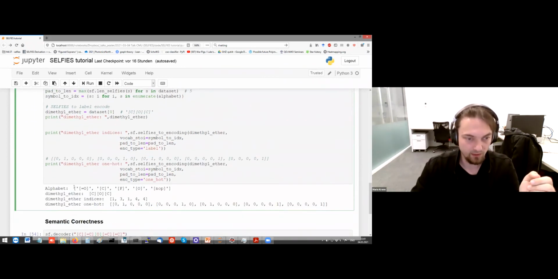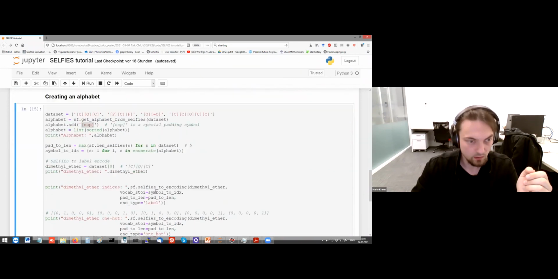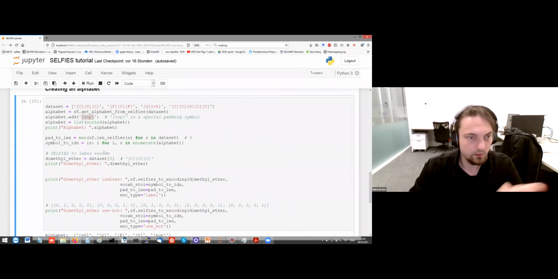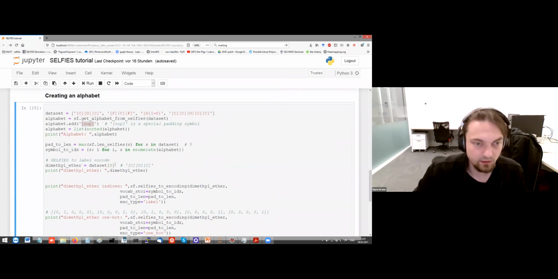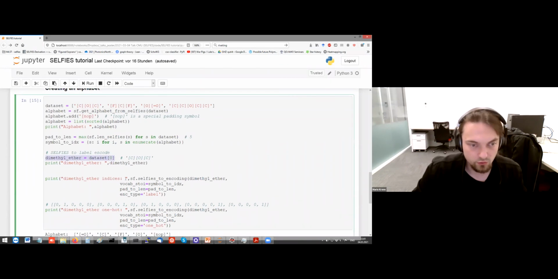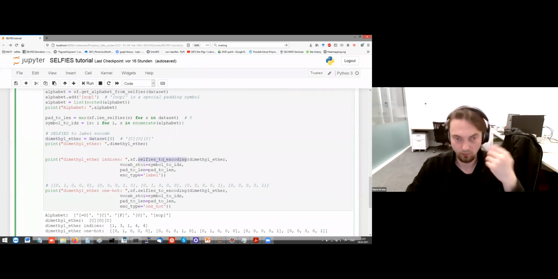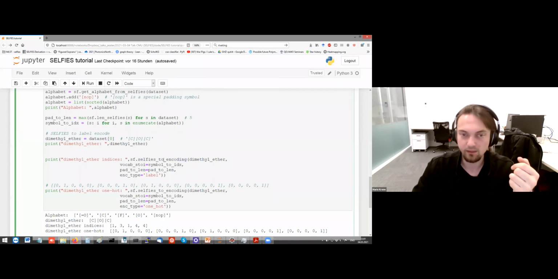So our alphabet has these 5 symbols. Now we take one of the molecules, and we can translate it with an inbuilt function into a one-hot encoding and into an index-based encoding.